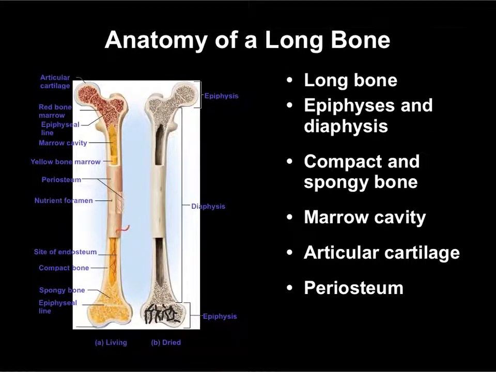When you become an adult and you exit puberty and your bones stop growing, that cartilage fuses into this bony line, which you can see here, here, and here.